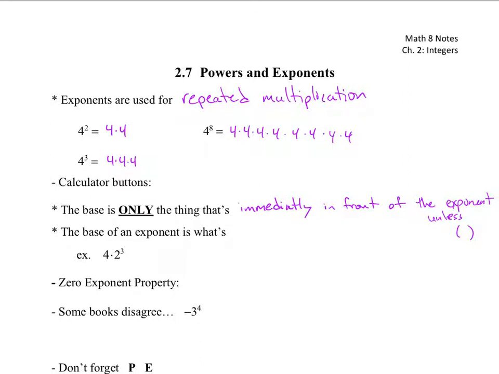So it's only what's right in front of the exponent, unless there's parentheses around something and the exponent's outside the parentheses. The base of the exponent is what's multiplied repeatedly.